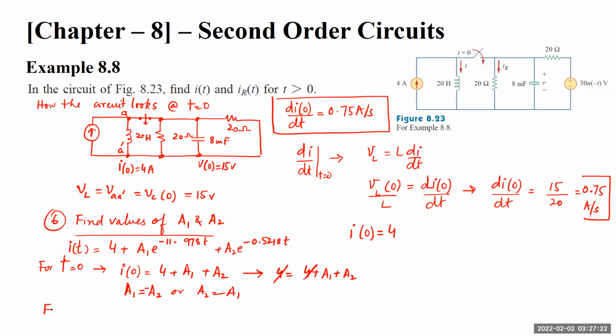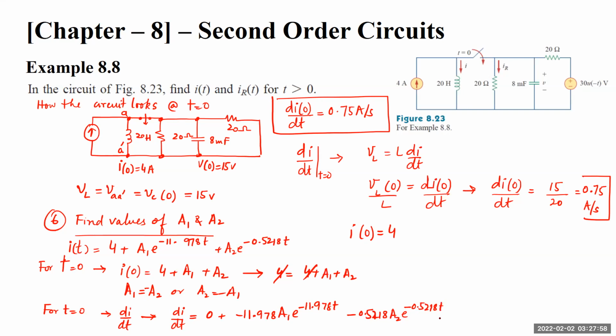Then for t equals 0, again the di/dt case. So just simply differentiate it. If we differentiate our top equation, we get 0 plus minus 11.978 A1 e^(-11.978t), again minus 0.5218 A2 e^(-0.5218t), right?